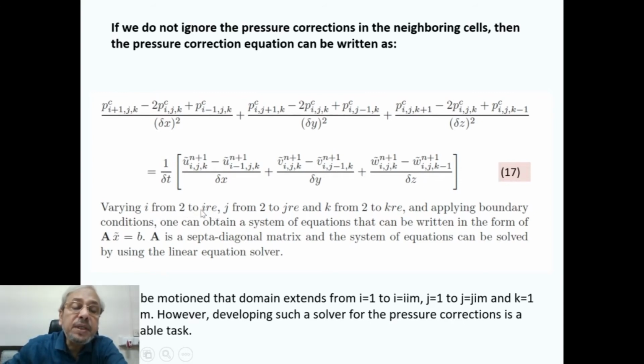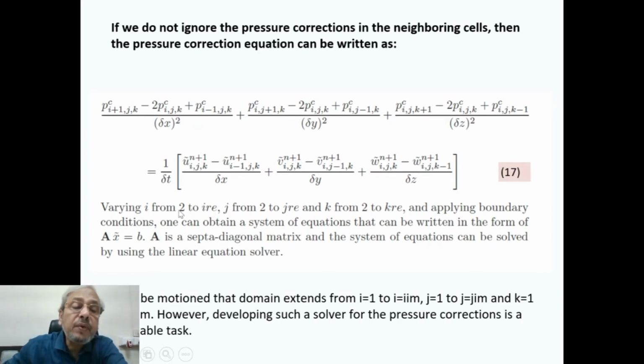IRE means the maximum number of cells or points, something like I max minus 1. So here of course the domain is I is 1 to IIM, so this is IIM minus 1, because the extreme points like IIM on one extreme and 1 at the other extreme are to be taken care of by the boundary conditions.